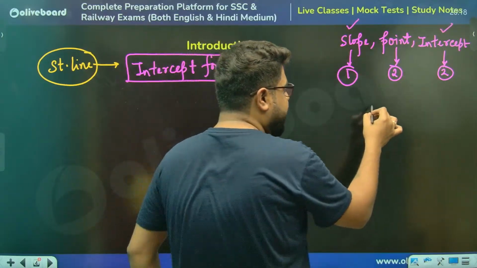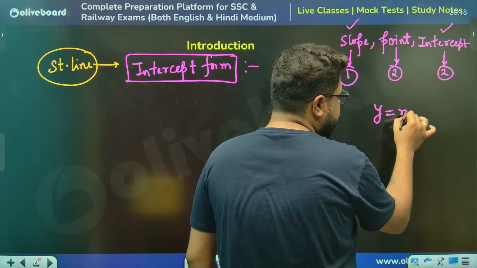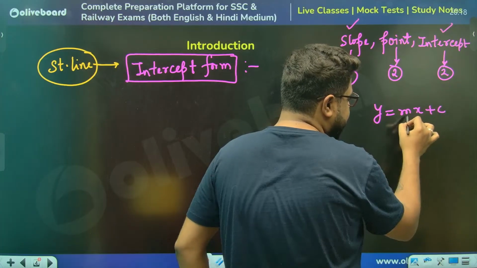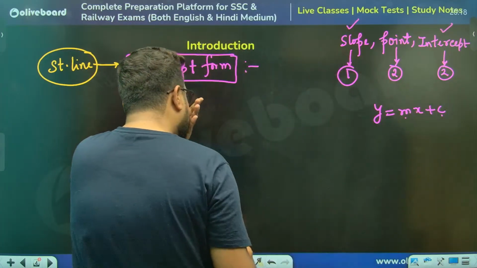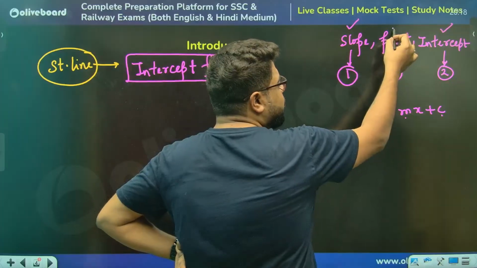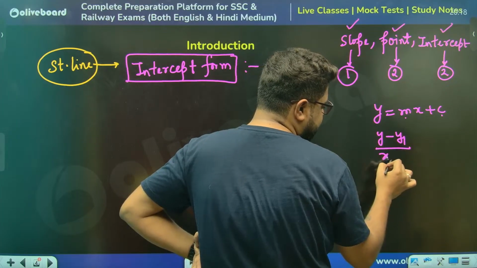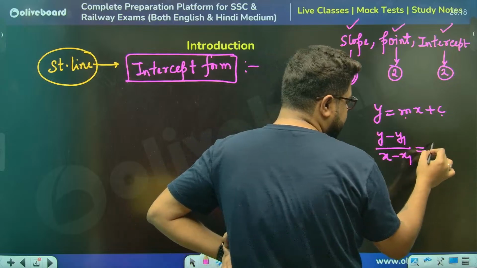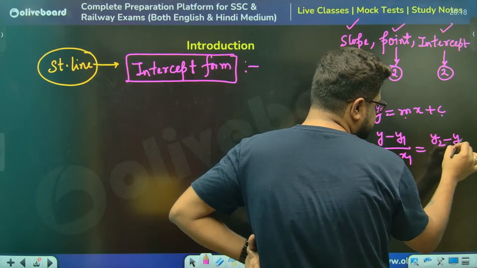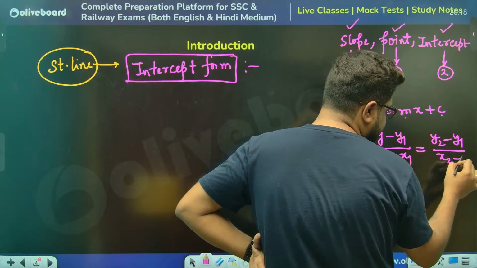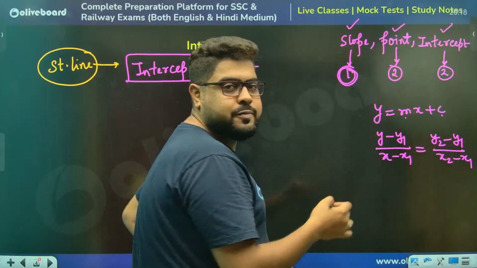Slope intercept form is written as y equal to mx plus c. m is slope, c is y intercept. If you take 2 points, it is written as (y minus y1) by (x minus x1) equal to (y2 minus y1) by (x2 minus x1). This is called 2 point form.